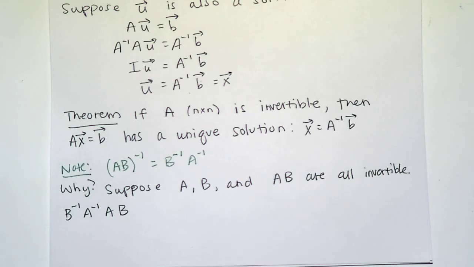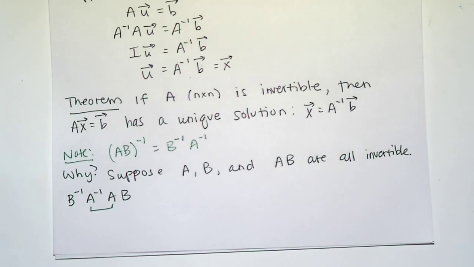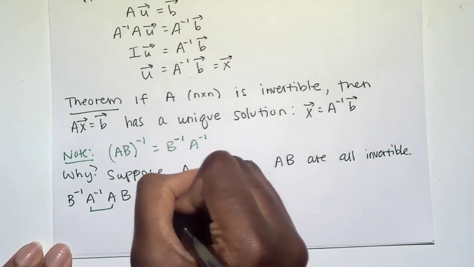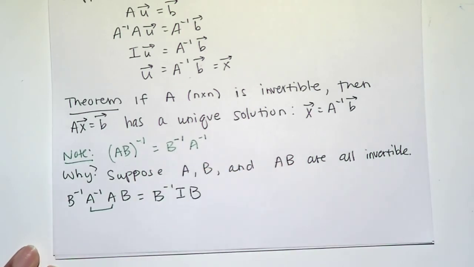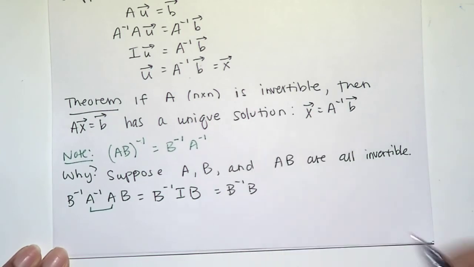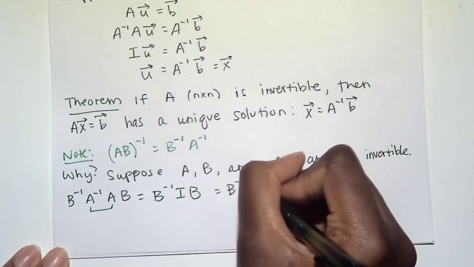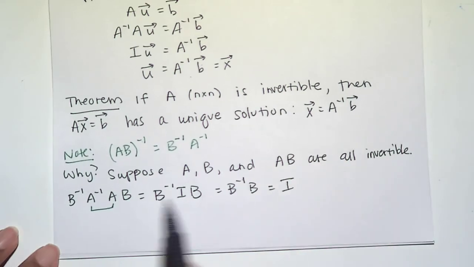All right, so note in the middle here, I got an A inverse times A. Looks like the identity to me. So we got B inverse identity B. Anything times the identity is just itself. So we just got B inverse B. B is invertible. So that means this equals I. All right, so what did we just do?